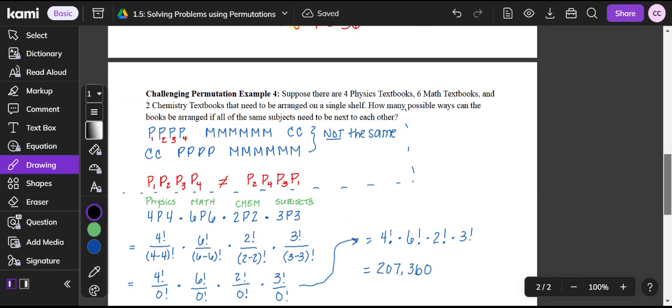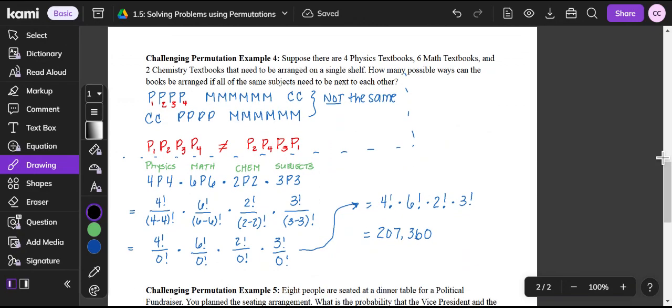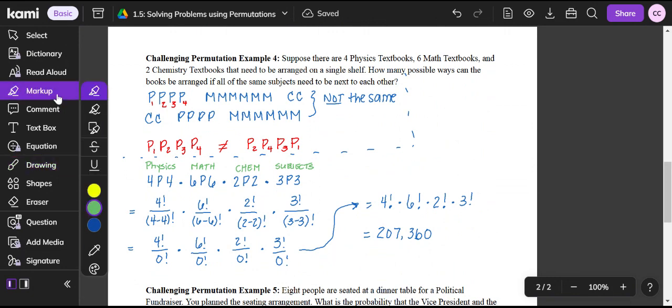Okay, let's look at number 4. Suppose there are 4 physics textbooks, 6 math textbooks, and 2 chemistry textbooks that need to be arranged on a single shelf. How many possible ways can the books be arranged if all the same subjects need to be next to each other? This is another very common permutation problem, and I'm going to highlight 2 keywords here.